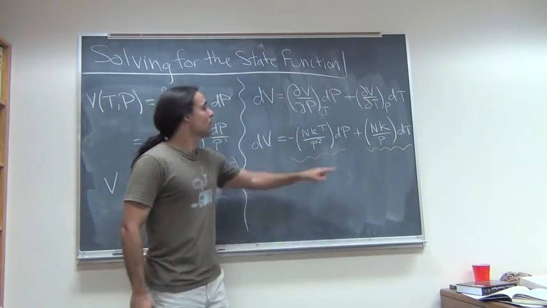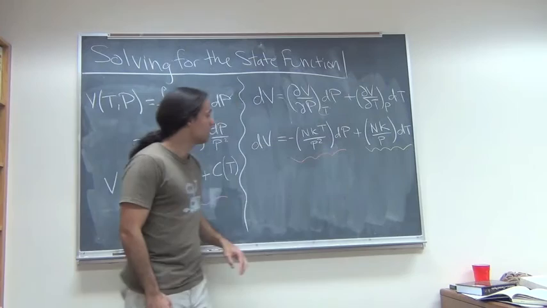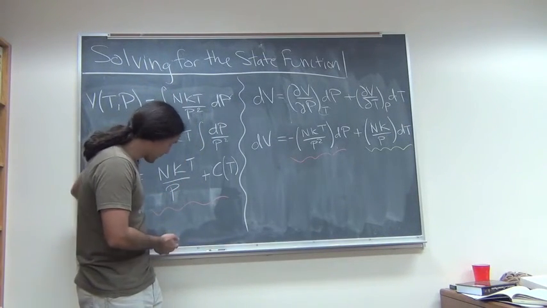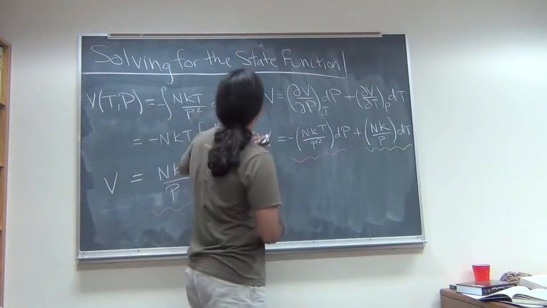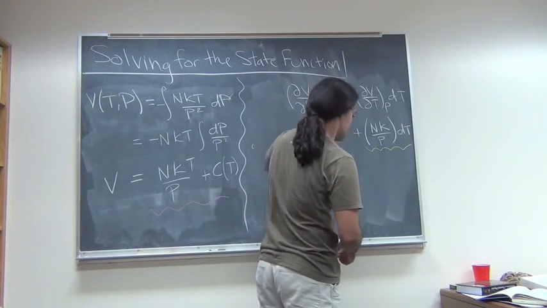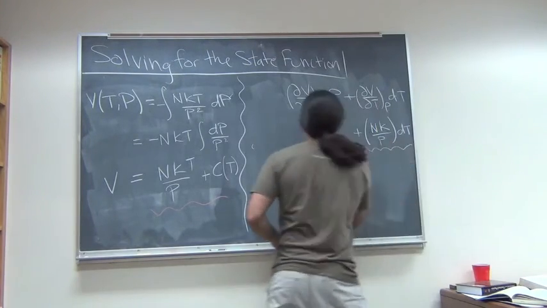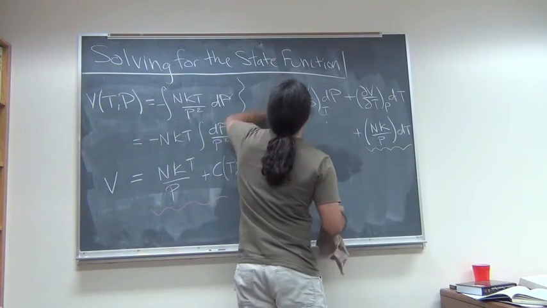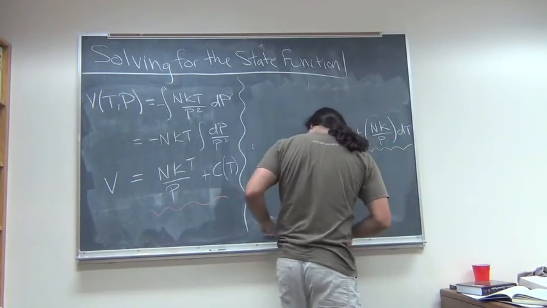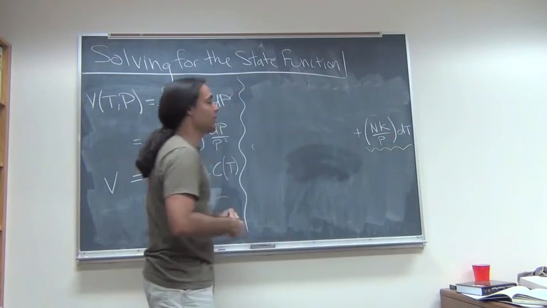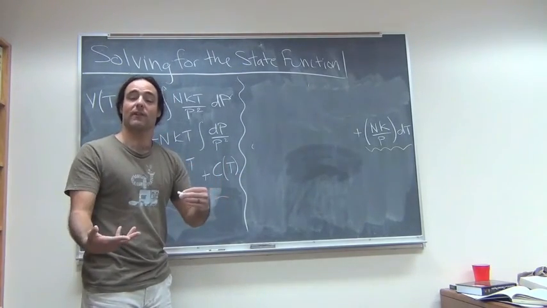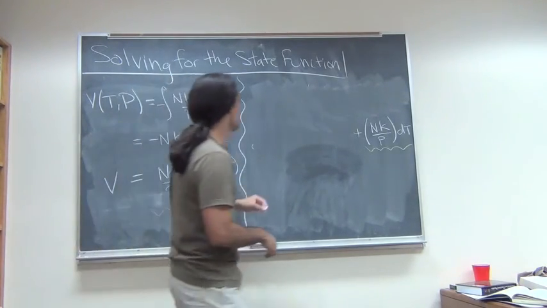Now let's do the temperature integral. So I've got to erase a little bit here. Let's erase some of this, give myself some room. I'll leave that there because I'm going to want that in just a second. So now we're going to integrate this thing with respect to temperature to find what V as a function of P and T is.